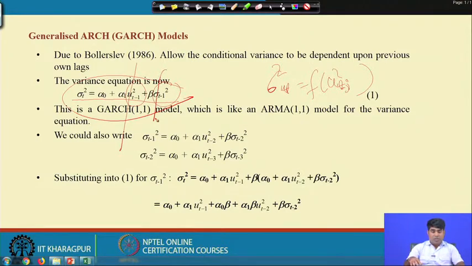Now, what is happening here? It is a kind of autoregressive. That is why the structure is called generalized autoregressive. See here, if sigma squared t is like this, then sigma squared t minus 1 can be like this. So, here sigma squared t is followed by t minus 1, t minus 1. If it starts with t minus 1, by default it will be t minus 2 and t minus 2.